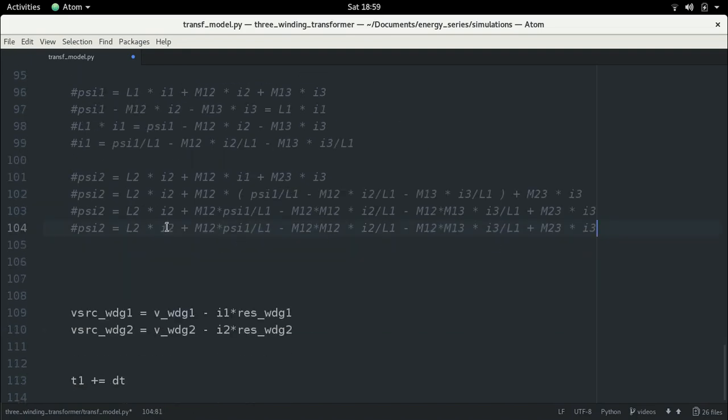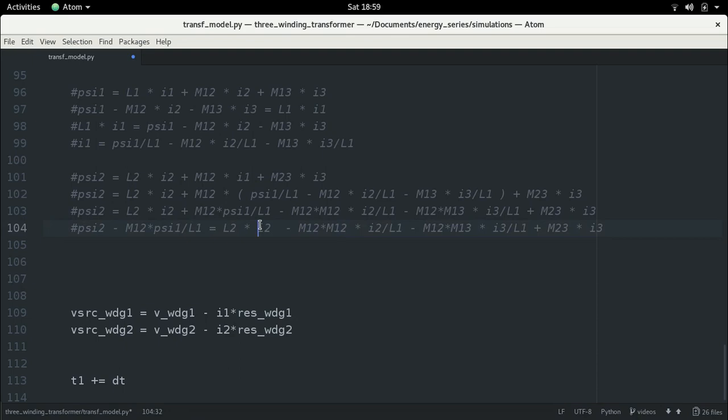And what we can do is we can express I2 in terms of I3, right? So let's collect all the I2 terms and bring it to one side, and take all the other terms and take it to the other side, right? So let's start collecting. This is a constant term, so take it to the other side and change the sign because we are taking it to the other side, right?